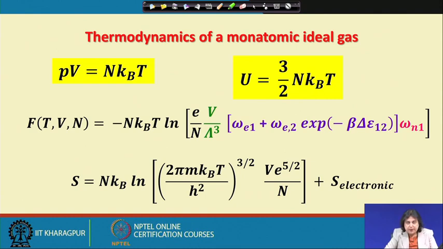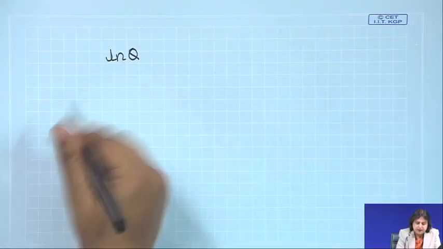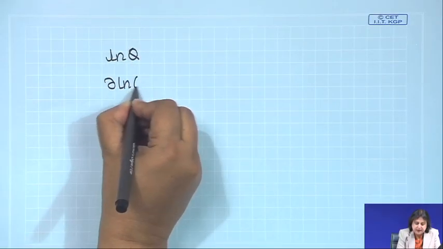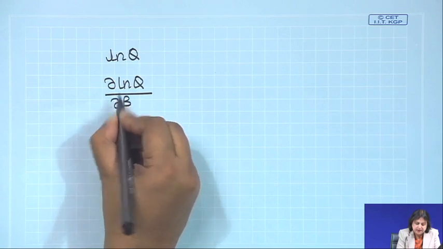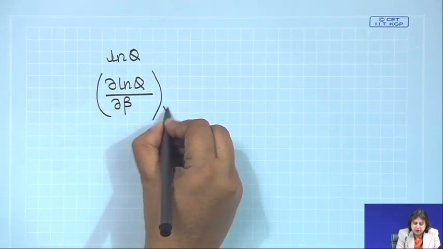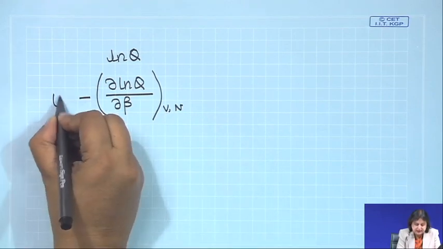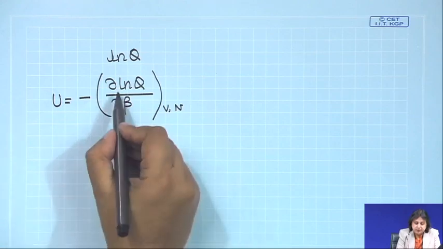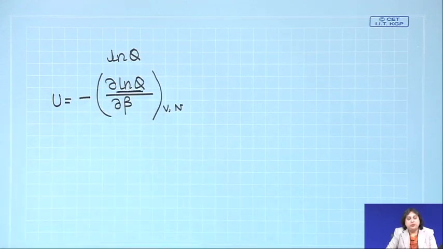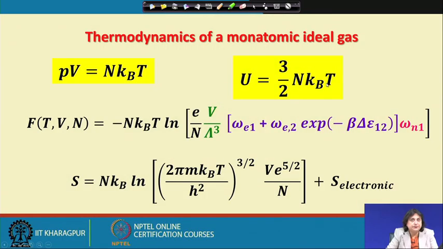The easiest way probably would be to write down ln Q and then take del ln Q del beta, keeping the volume and the number of particles constant. Take a negative sign of this, and this is nothing but U. Since you know the functional form of ln Q in terms of beta, you can carry out this differentiation. This is a simple task, and if you do that, you will be able to show that U is equal to 3/2 nkT.